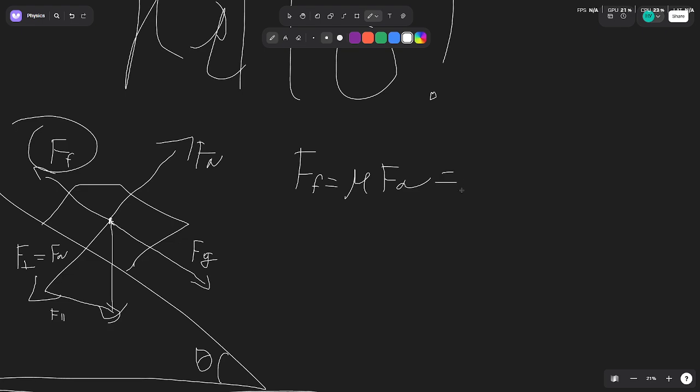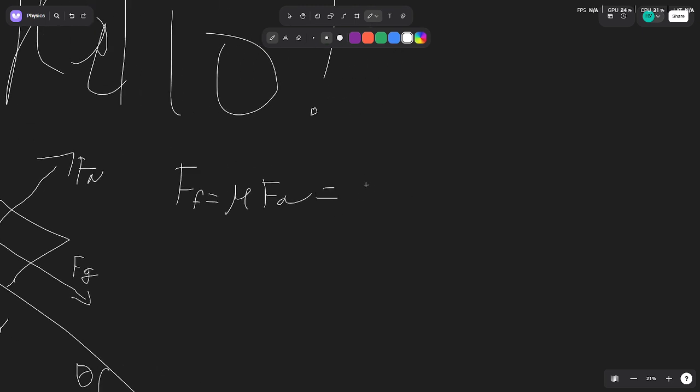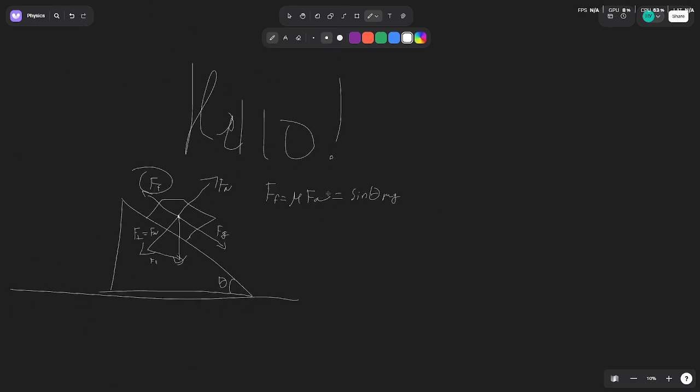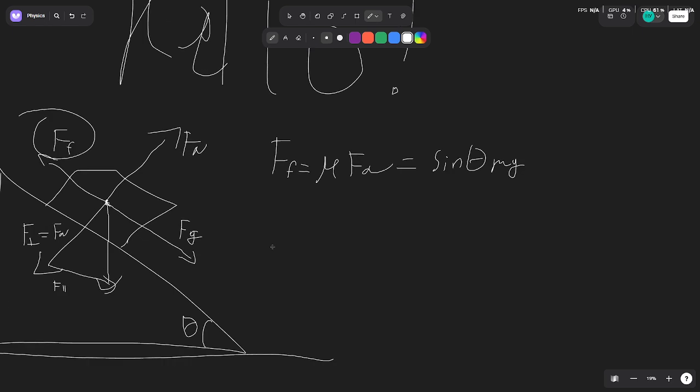However, there is another formula we will introduce, but for now we need to know that this is also sin of the angle times mg, right? So how can we find mu? This is something like a new parameter. We broke it all down in the beginning lessons.